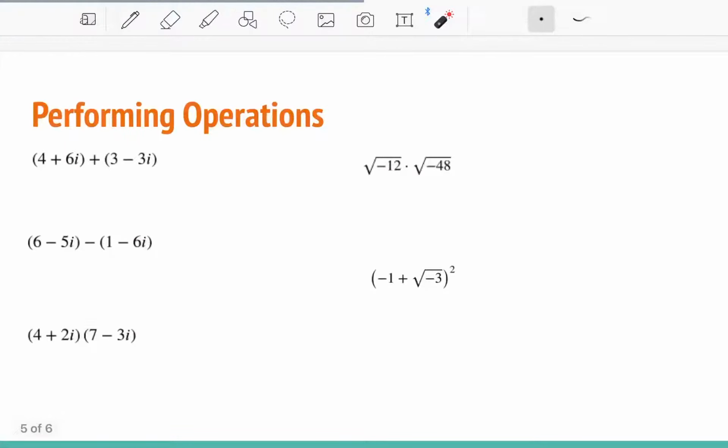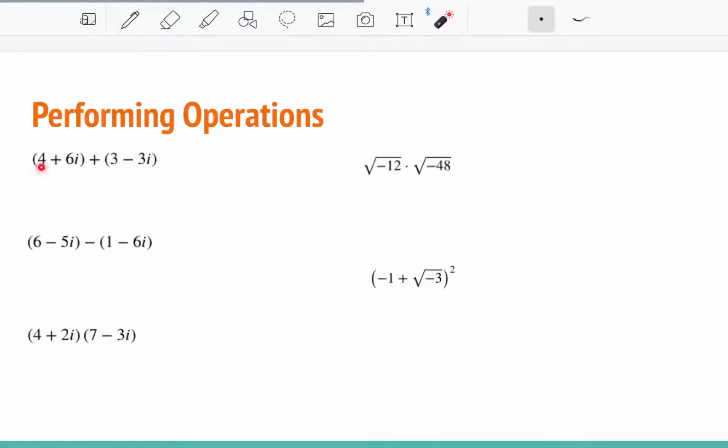Now let's talk about performing operations with these complex numbers. So my first operation is just addition. I'm just looking, and just like with any other variable, i is not a variable. It stands for one number and one number only, which is square root of -1.